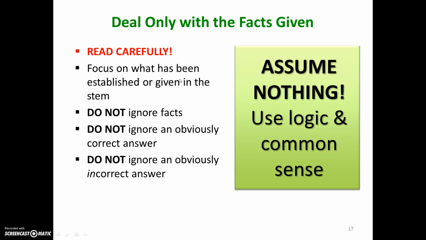Assuming nothing and trying to use our common sense is easy to say. It's hard to do given the raised stress levels that we'll have during it. But don't add anything extra on. This is typically when we're coming with the foil. When we're trying to play across two answers that look very similar, it's quite difficult to separate the two of them.